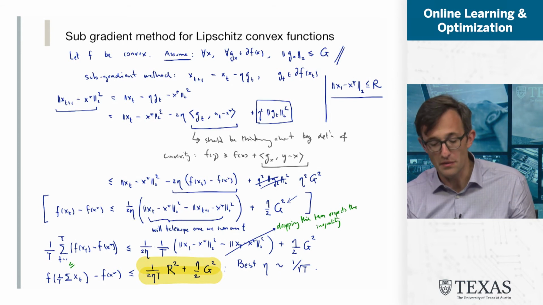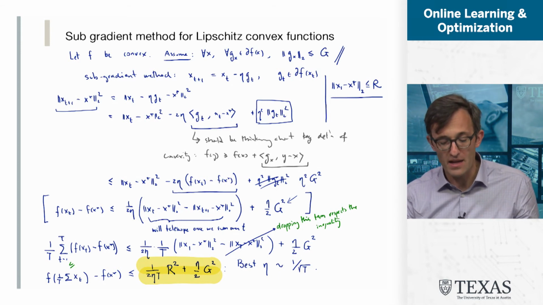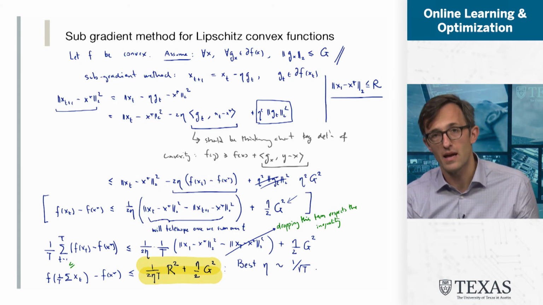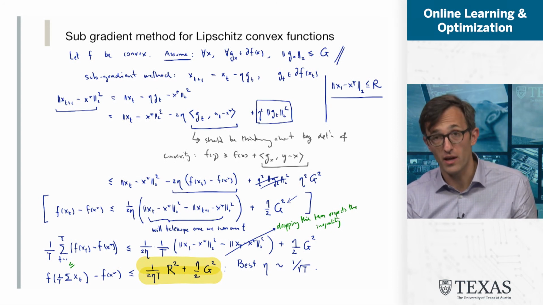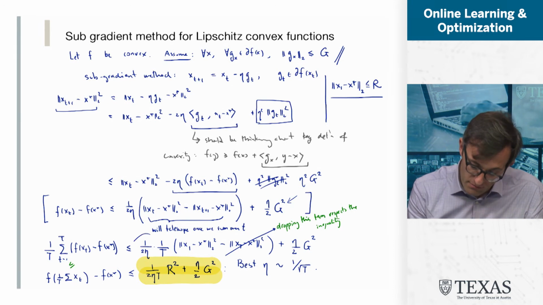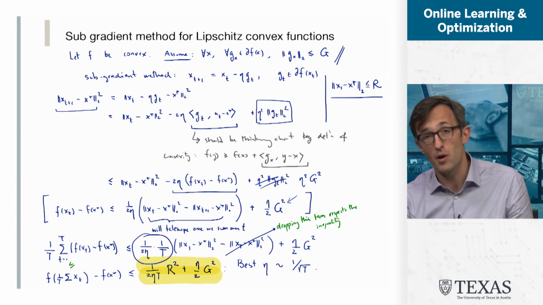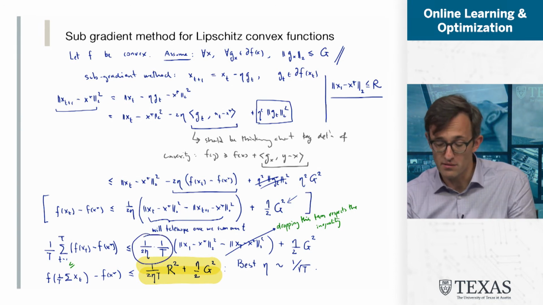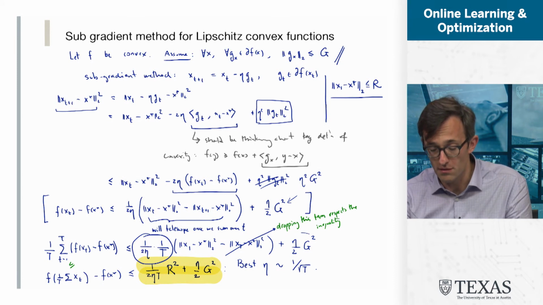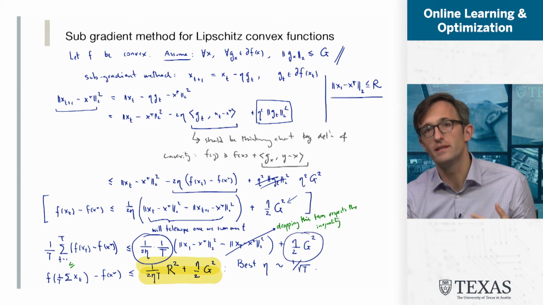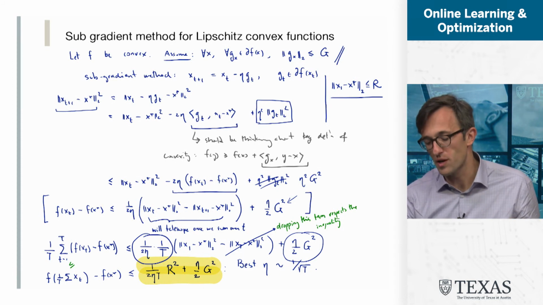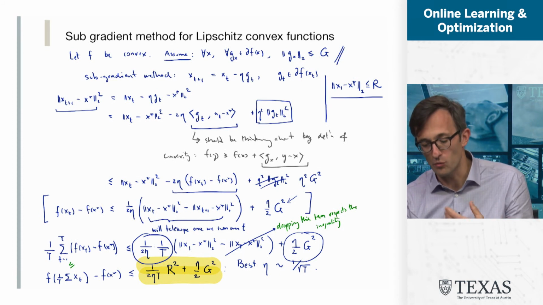And essentially, this is the reason that I had to balance the left and the right sides. And I had to take eta very, very small. If I took eta big, then this term would be quite small. But on the other hand, that would make this term grow. So it was this balance that exactly accounts for this decrease in rate from 1 over t to 1 over square root of t. And where does this come from?